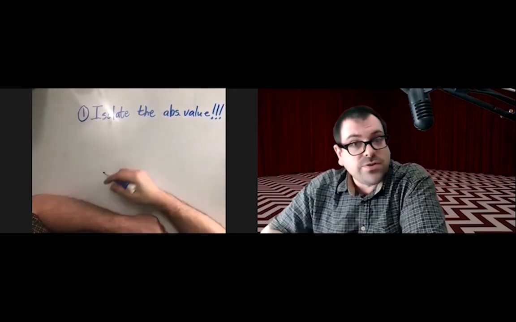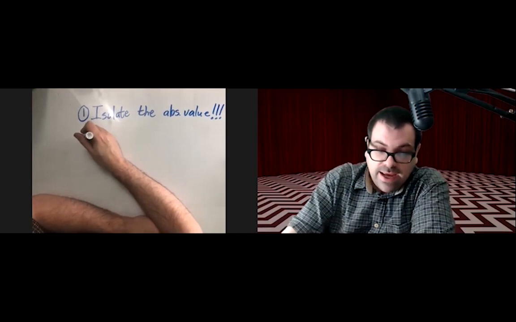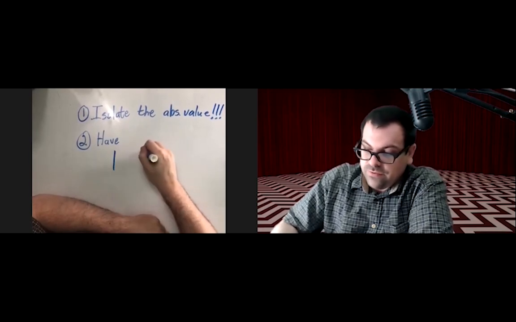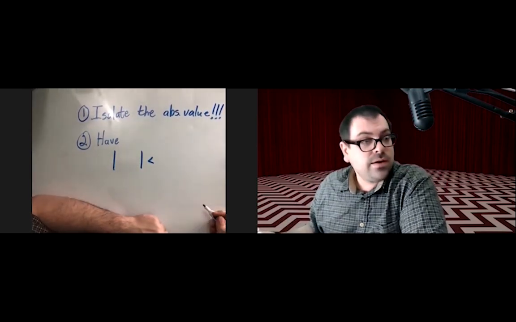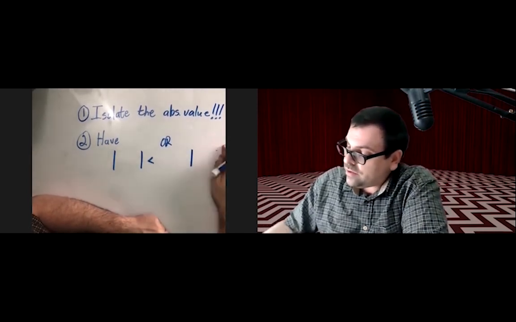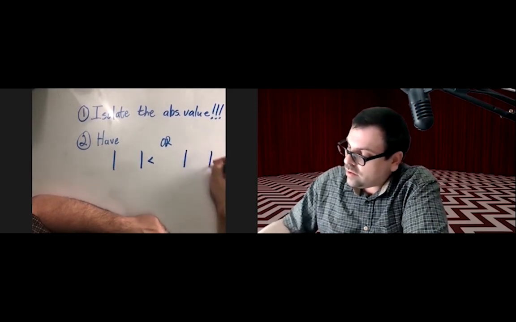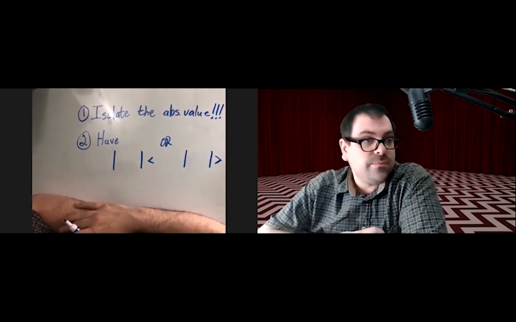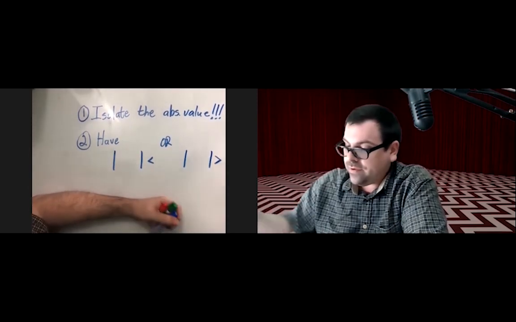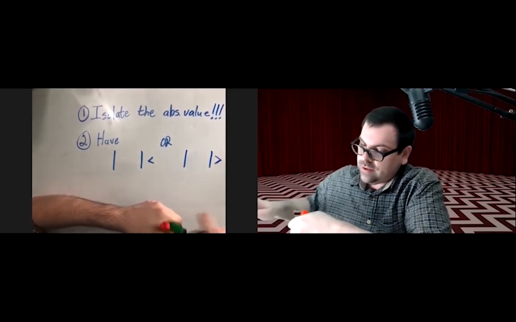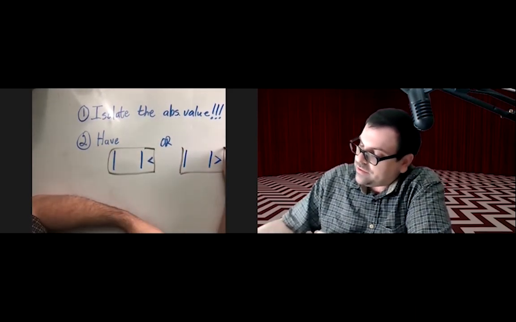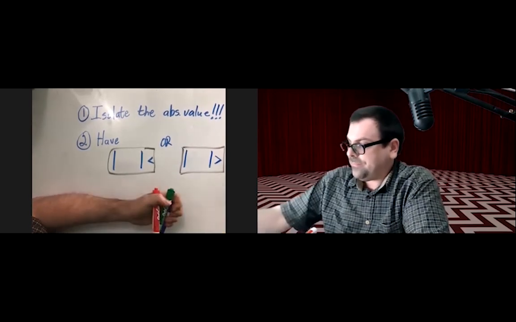Then we're going to have one of two things. We are either going to have absolute value less than, or we are going to have absolute value greater than.